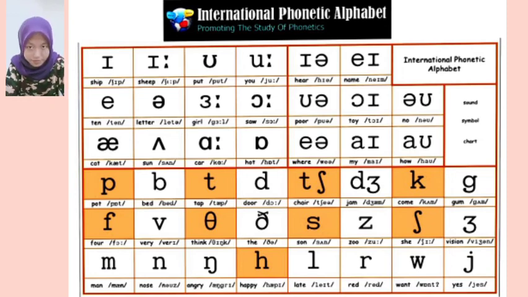Okay, now there is the m sound. The example is man. The next one is n sound. The example is nose. The next one is ng. The example is angry. The next one is h sound. The example is happy. The next one is l sound.